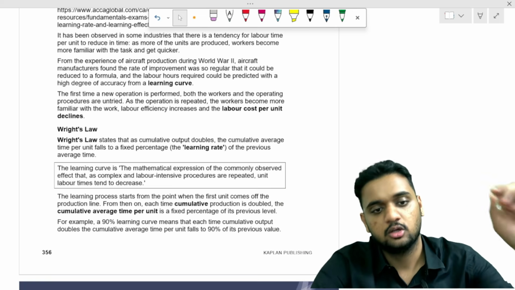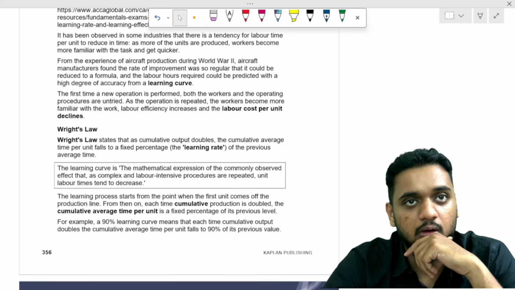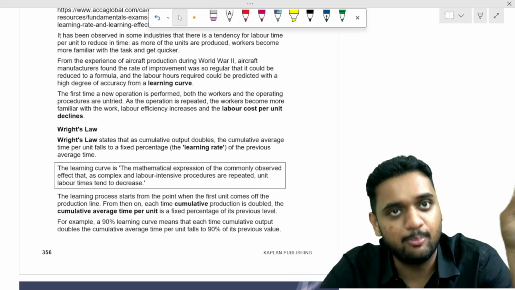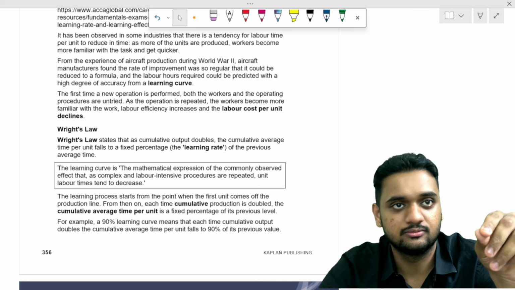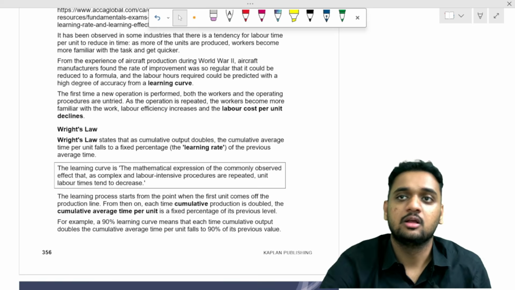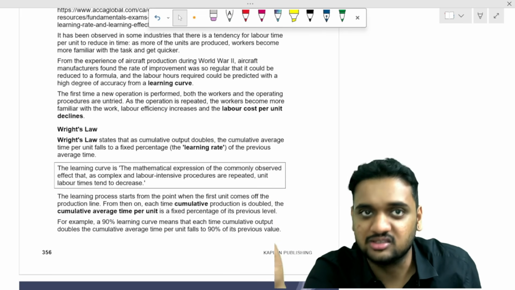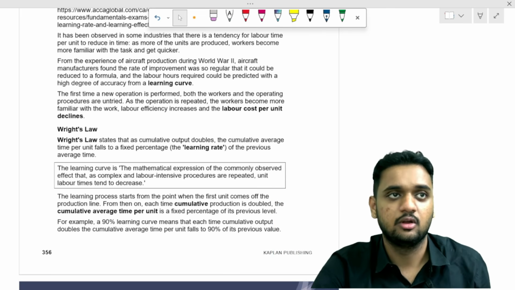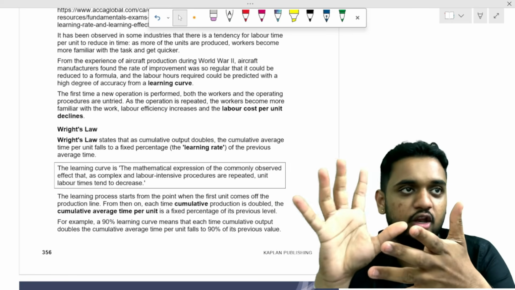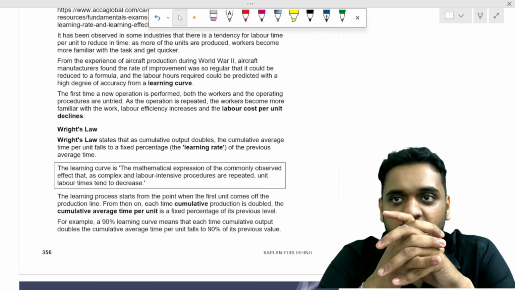Understood? Very important. So Wright's law, one law they introduced. Beautiful law. What they're saying is, as our units keep on doubling, the time taken to produce the units starts reducing by a certain percentage. For example, they'll tell you the learning curve is 90%.